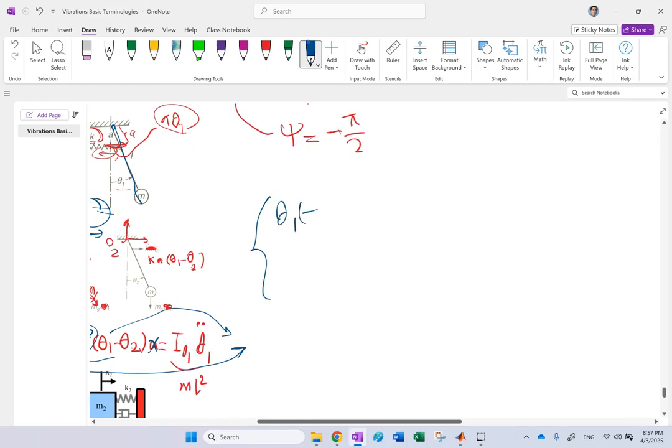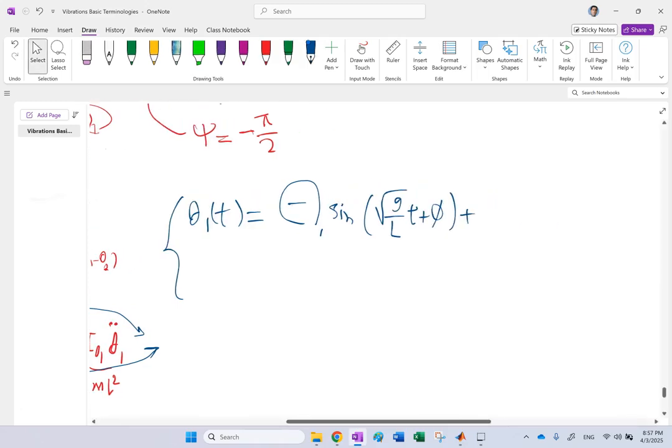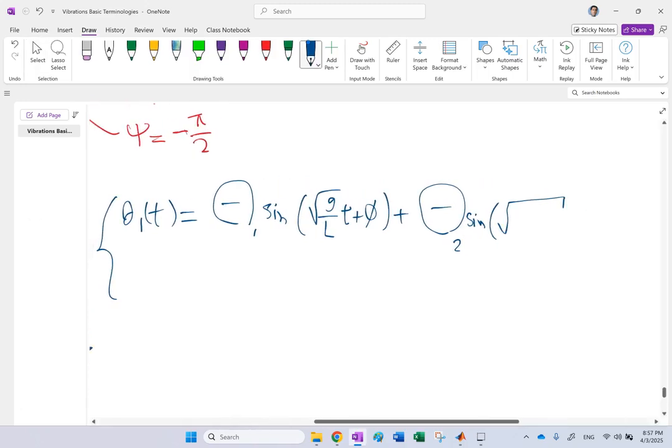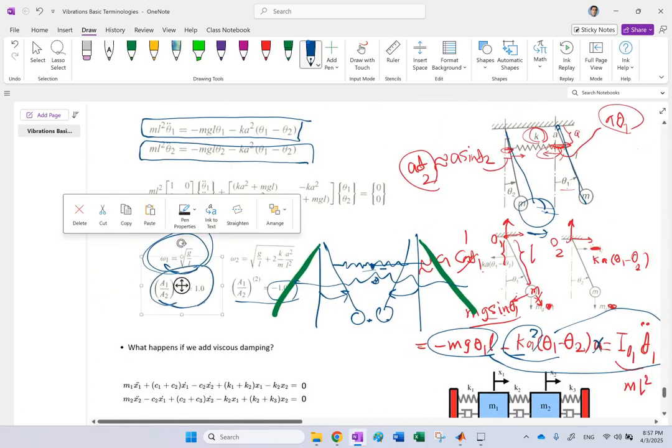So theta 1 of t is going to be some unknown theta times sine of square root g over L times t plus phi, plus another unknown theta times sine of the other frequency times t plus psi. So the other one was g over L plus, let's just copy it from here, 2ka squared over m l squared.